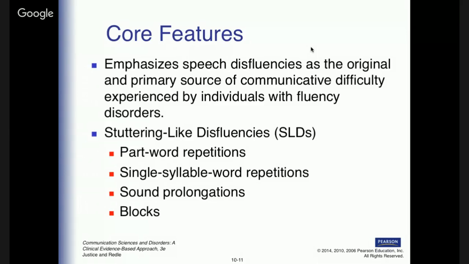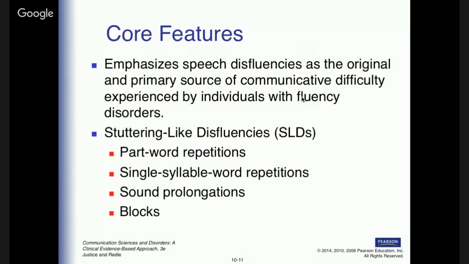For people who stutter, it can often trigger a block where they stop breathing mid-speech. And those are called stuttering-like disfluencies because they're not like the typical everyday disfluencies that people have, like interjections, the ums, the uhs, the likes, the wells.